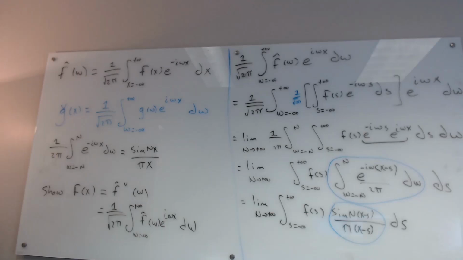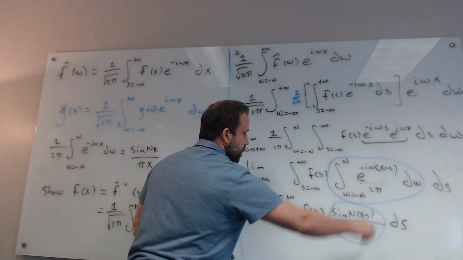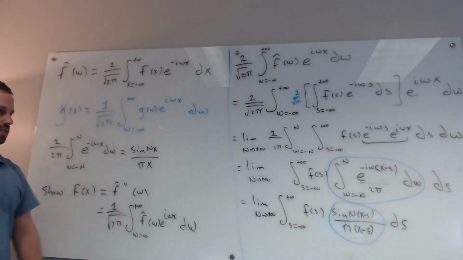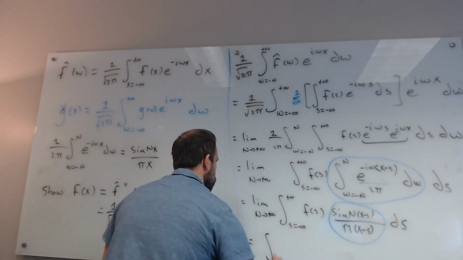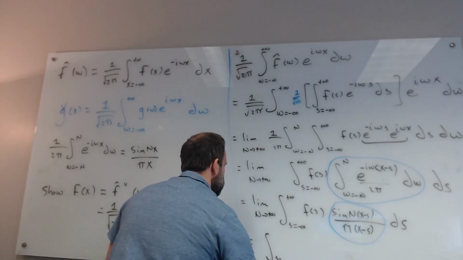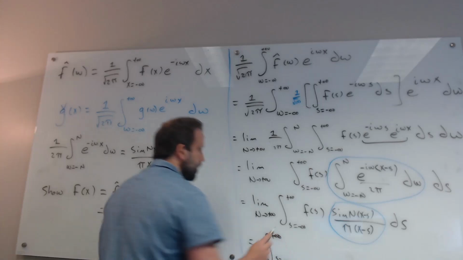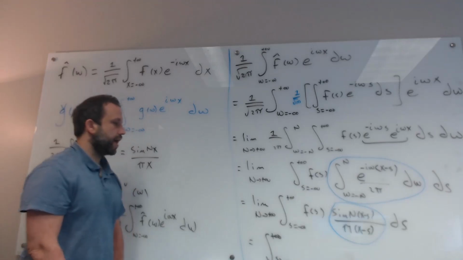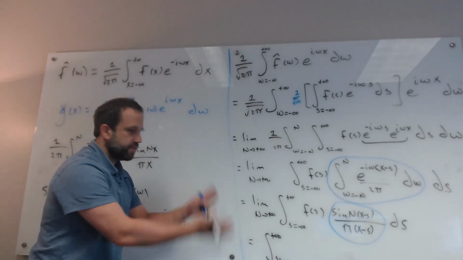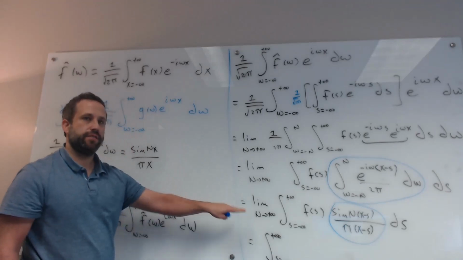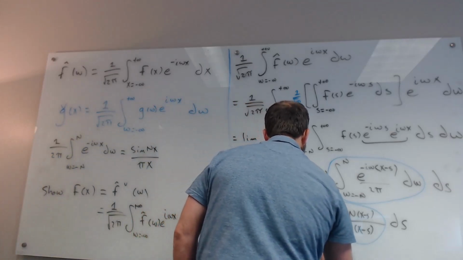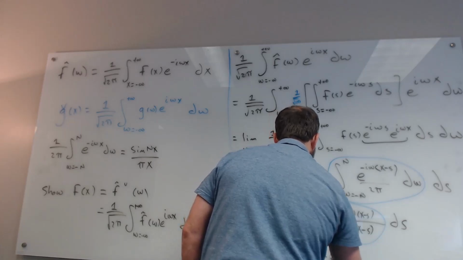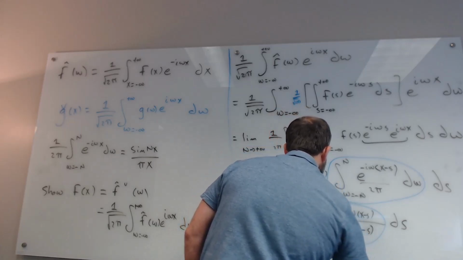Well now we're going to use the fact that this here converges to the Dirac delta distribution centered at x. So then this is the integral from s equals minus infinity to positive infinity. And when we say this converges to the Dirac delta distribution, we mean in the weak sense, with the limit on the outside of the integral. So this is f of s times delta of x minus s ds.